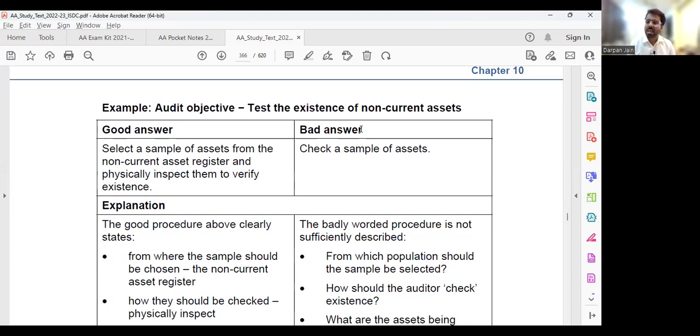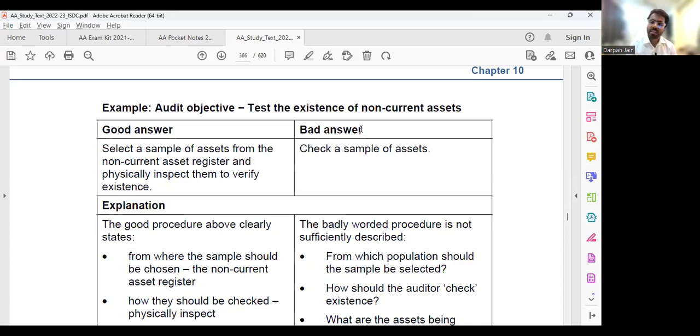Now, how will you check a sample of assets, or which sample will you choose, or what is the population from where you will choose? Because listen very carefully. What will you get from the client? From the client, you will first get the balance sheet and the P&L, right? Now, in that balance sheet, for fixed assets, a cumulative amount will be written.